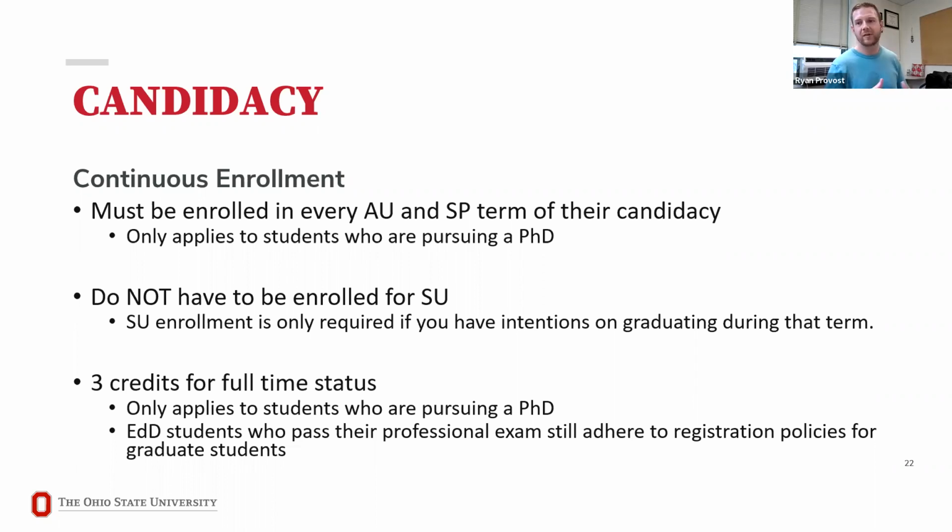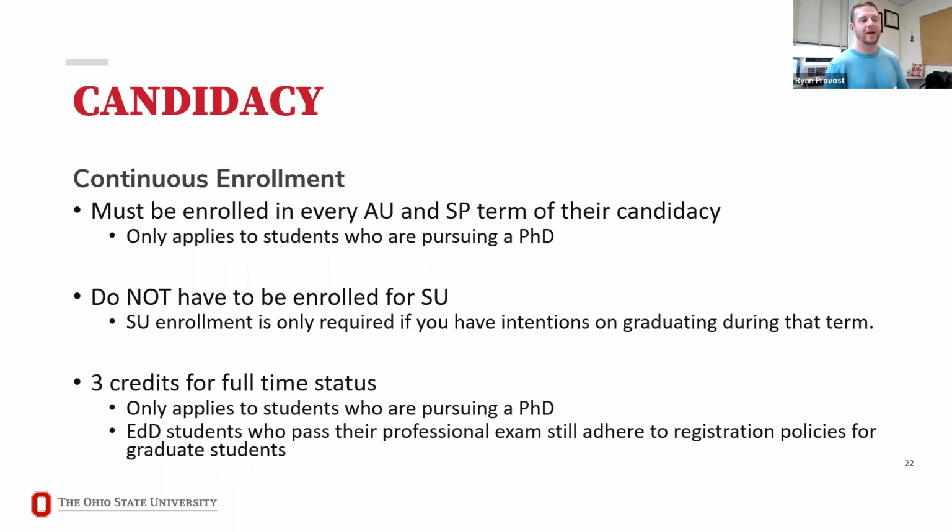The only exception is summer. You don't have to be enrolled in summer term unless you are planning to graduate in that summer term. So if you're a candidate graduating in summer 23, you do have to be registered in summer 23. Otherwise, you do not.